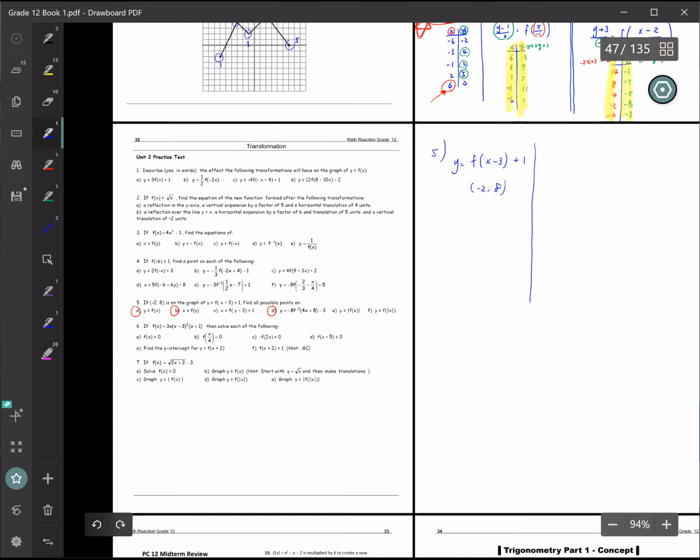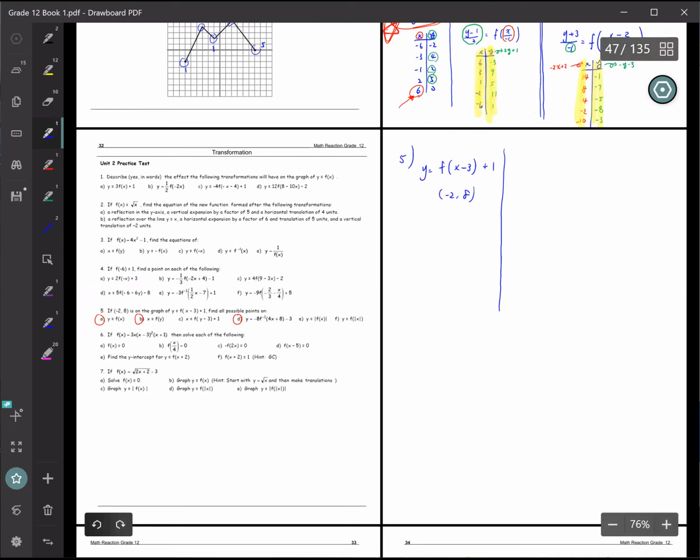And then it's asking where would it be if the point is on f of x, right? It's like sort of going backwards, right? Because usually you start with f of x, which has no story at all, and then you turn it into something that has RST. So you need to move things backwards.